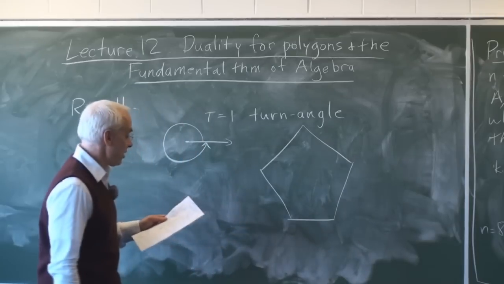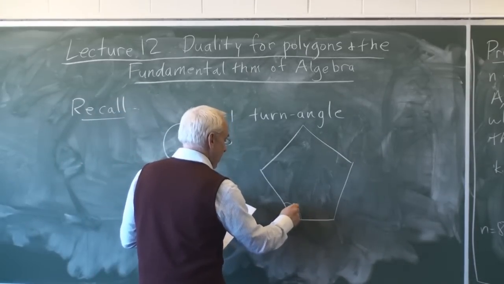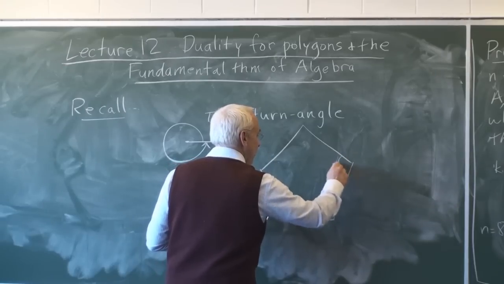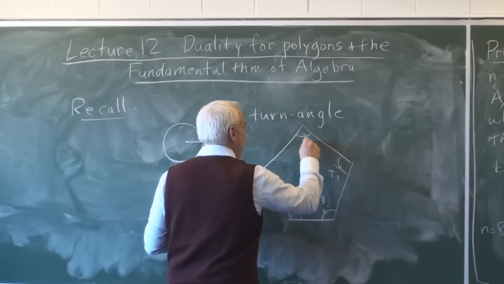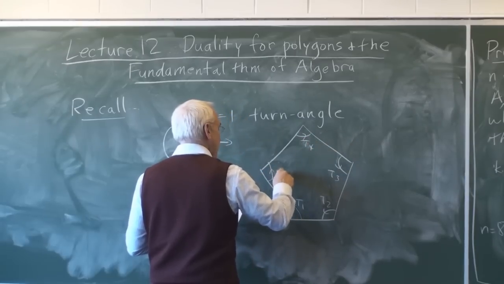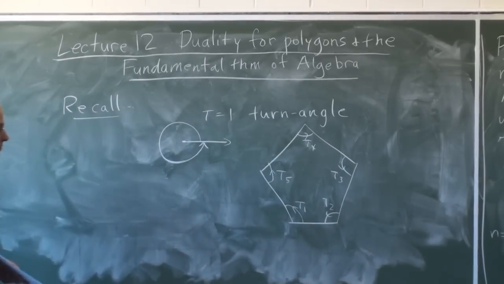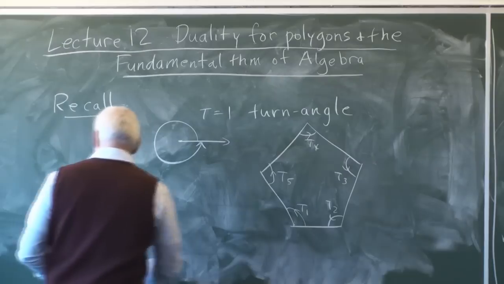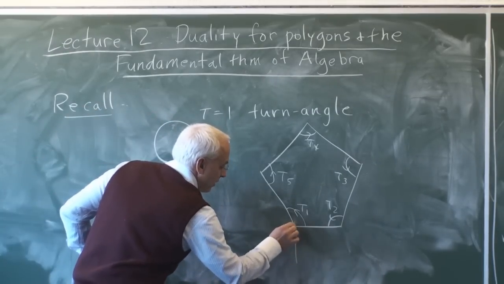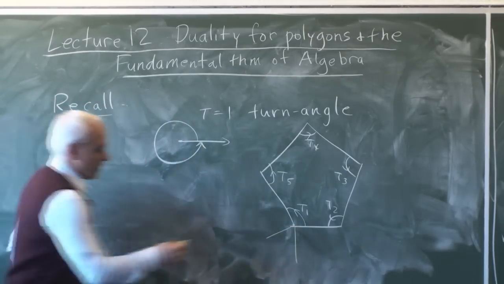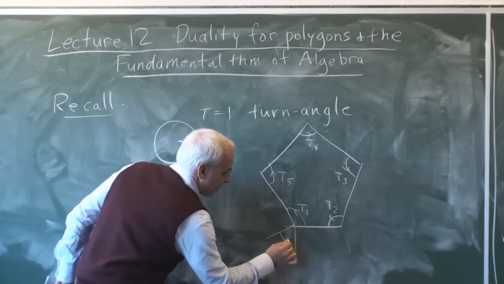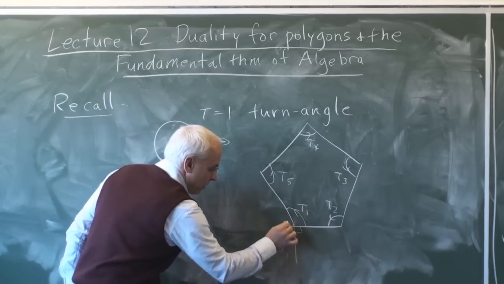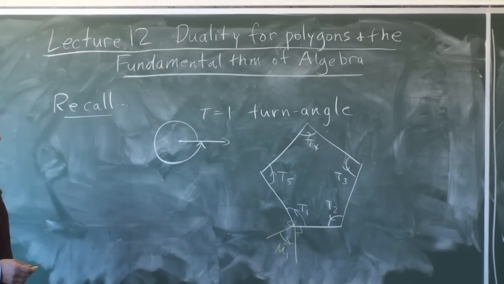That's supposed to be a regular pentagon with one turn angle tau 1 there, tau 2, all in the positive direction, tau 3, tau 4, tau 5. And over here also, we can talk about the external turn angle, or the curvature at this vertex. I called it mu1, where these lines here are obtained by going perpendicularly from the sides there.